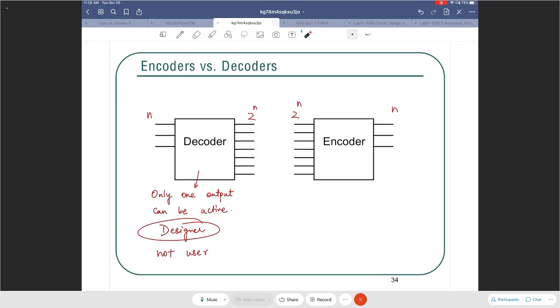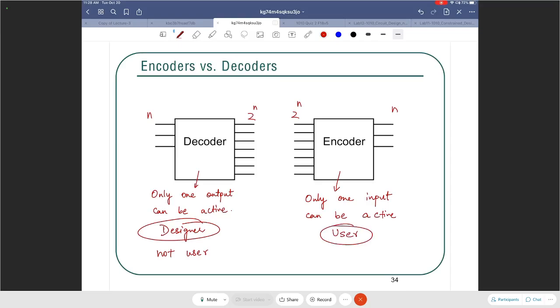So we have a problem now, because you can blame the designer here, but you can't blame the designer here, because the constraint, the limitation still exists. Only one input can be active at any given time. So who has to take the responsibility of that? Well, the user has to be responsible now.